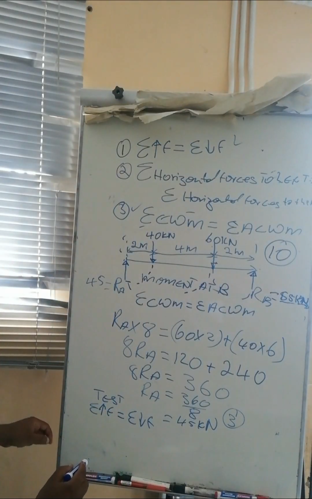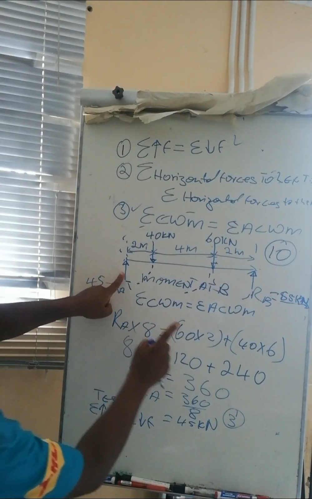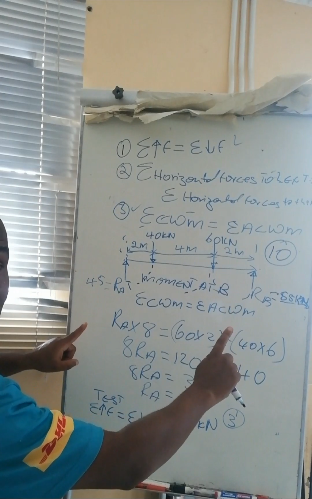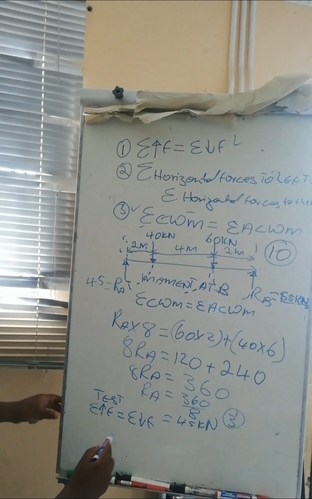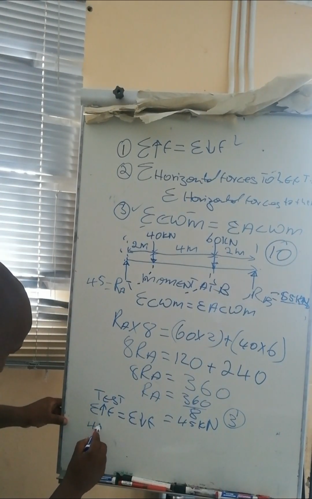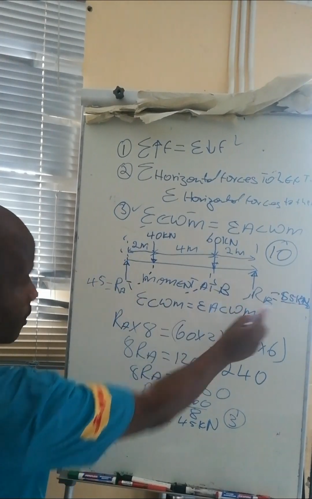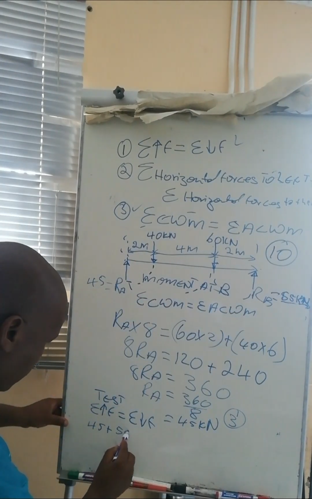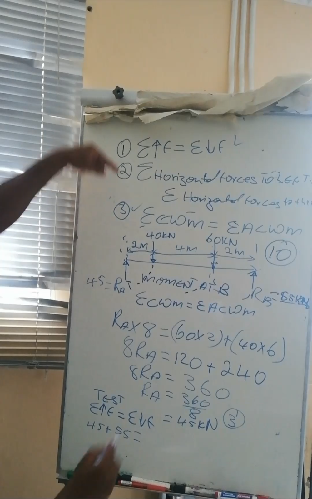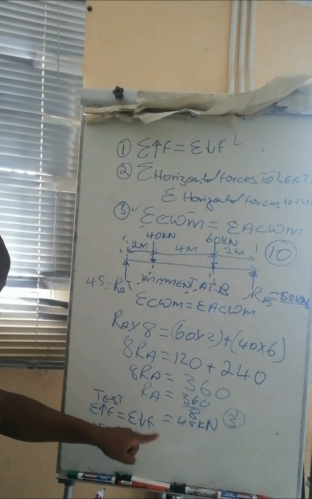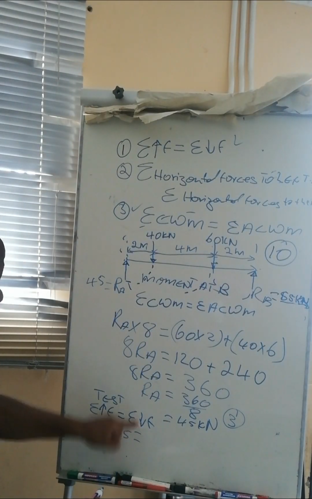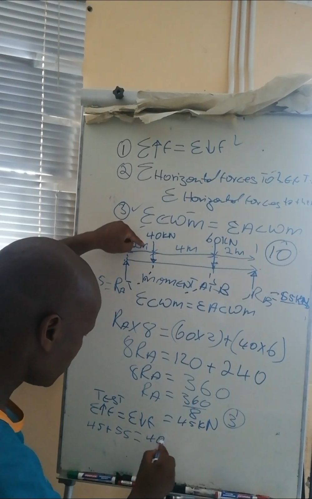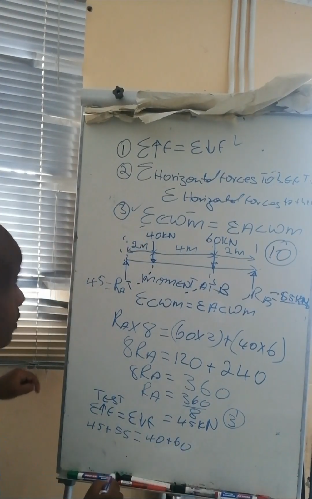Let's see. What are the upward forces? The upward forces are only the reactions or the supports. It is 45 plus 55, which is equal to the downward forces, which is 40 plus 60.